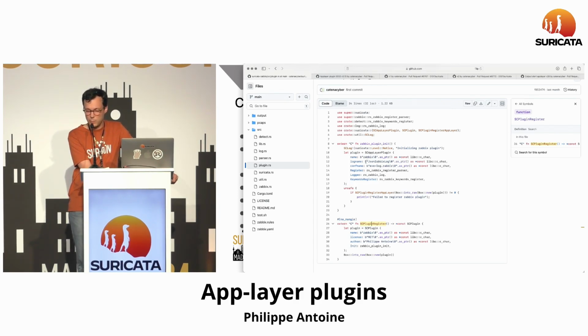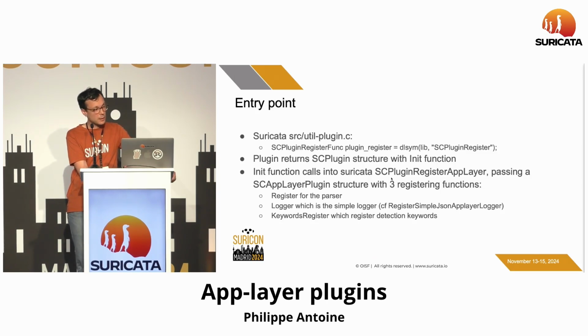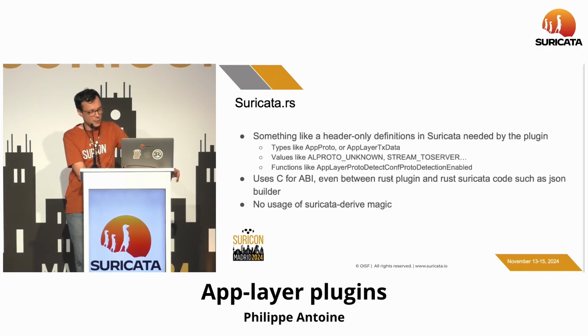So there is some naming, a function to register the app layer parser, a function to do the logging, and functions to register the keywords. So, yeah, that's what I just said with the slide.